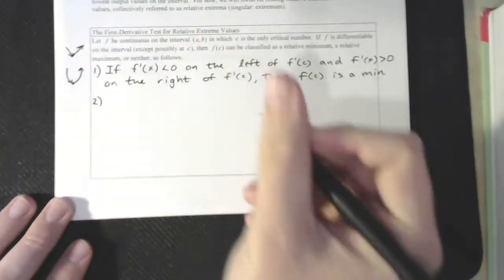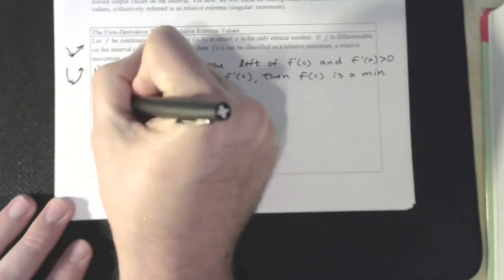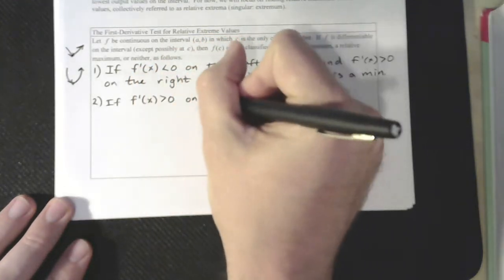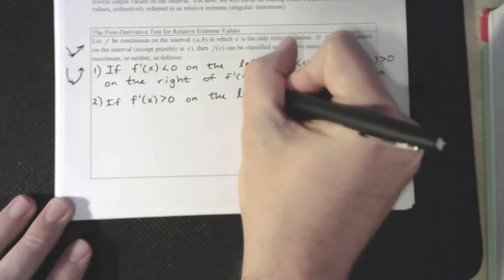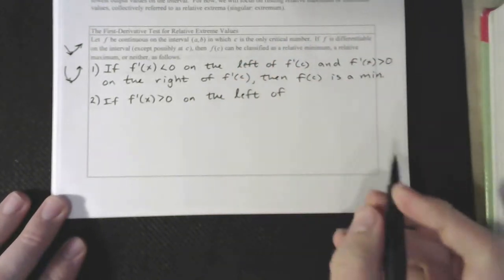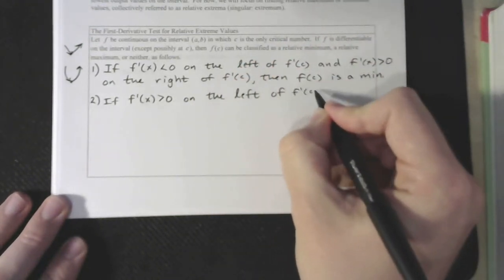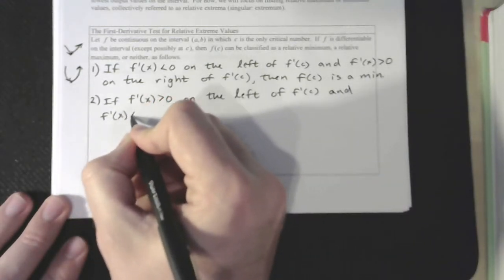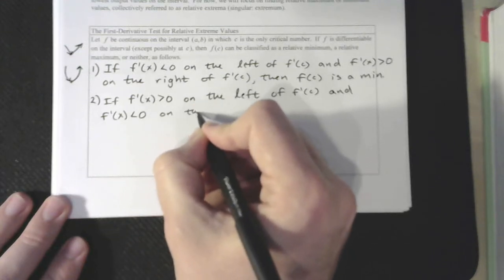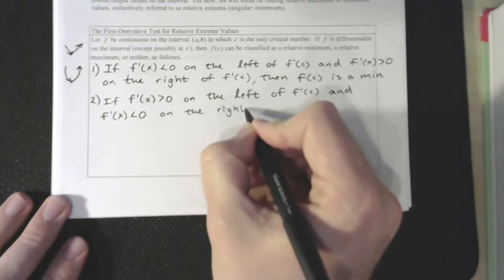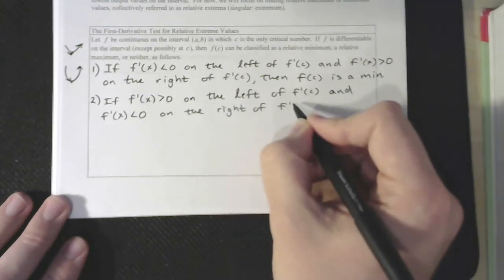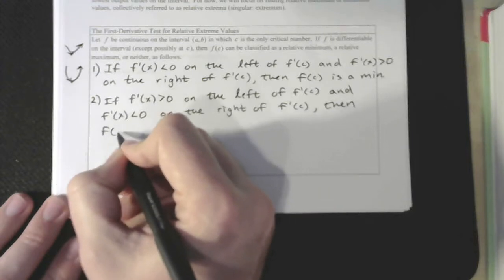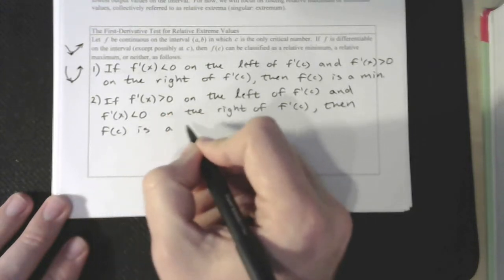For maximums, if f prime of x is greater than 0 on the left of c, and f prime of x is less than 0 on the right of c, then f of c is a max.